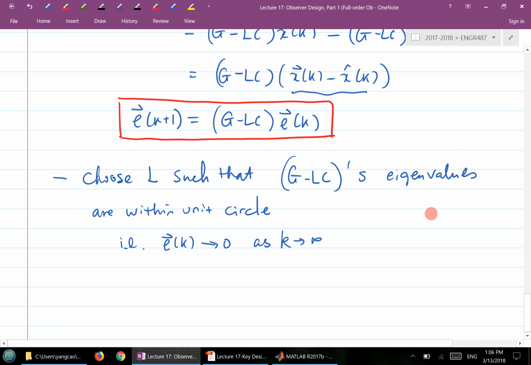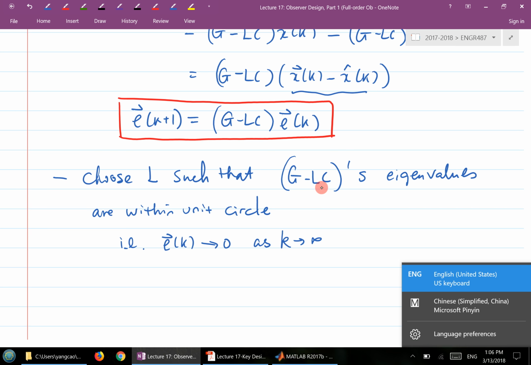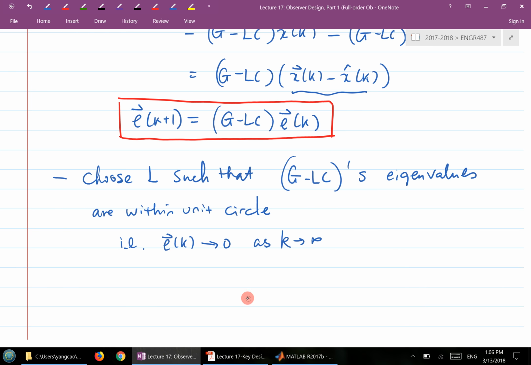So choosing the L appropriately, to be within the unit circle, that's the first requirement.